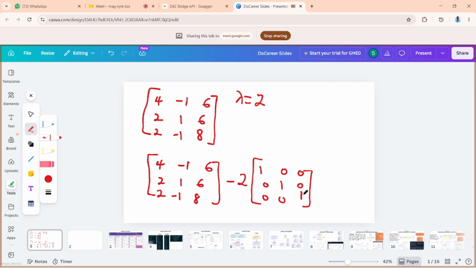When these two multiply and enter, because of space, I'll just replace the diagonal by 2, 2, 2. Then if I solve for this, that would be 4 minus 2. I think that would be 2.